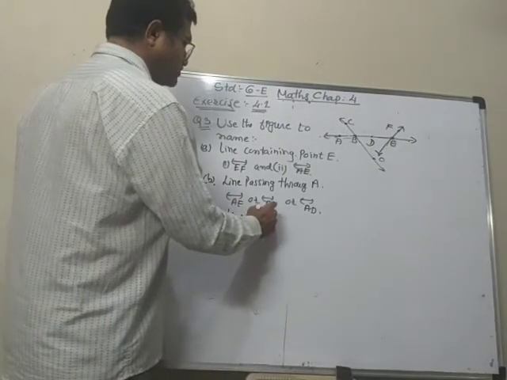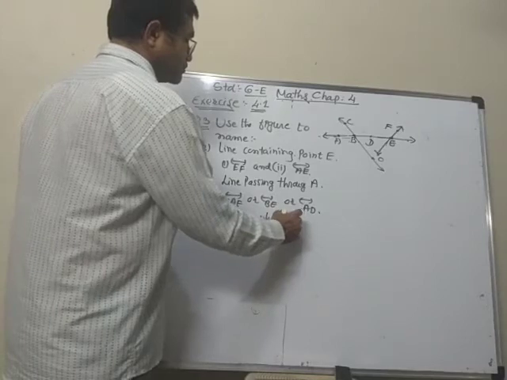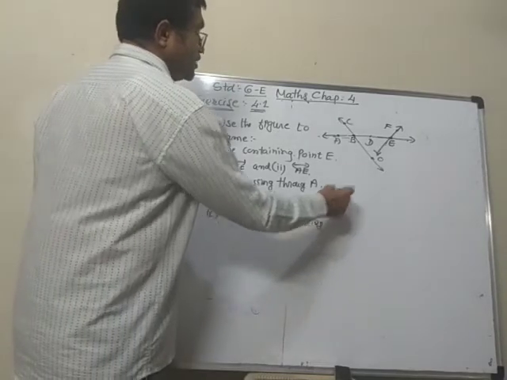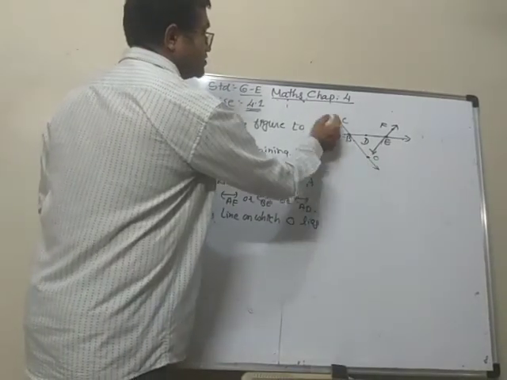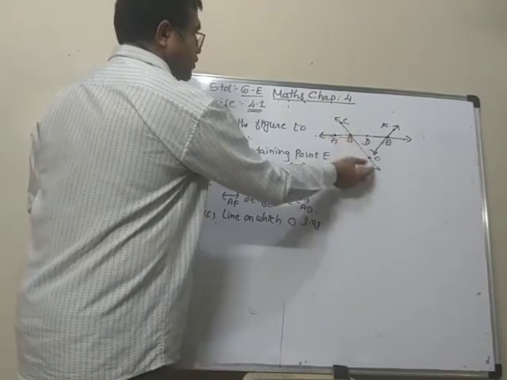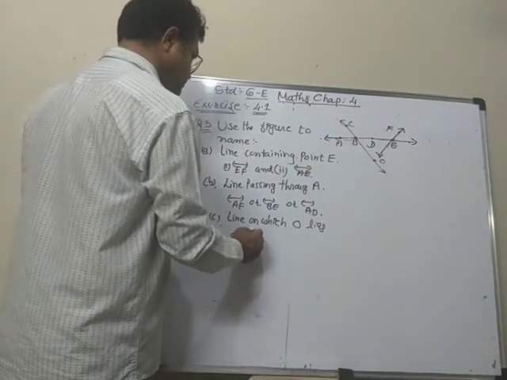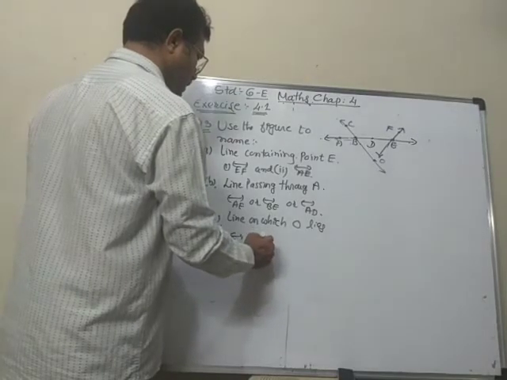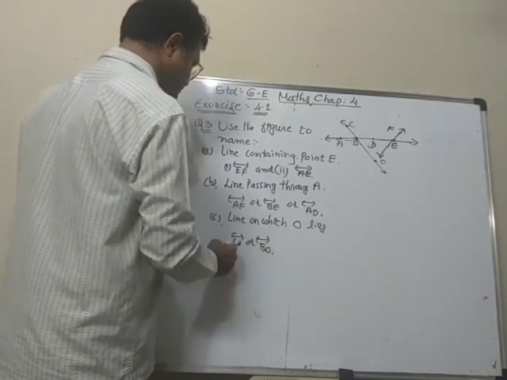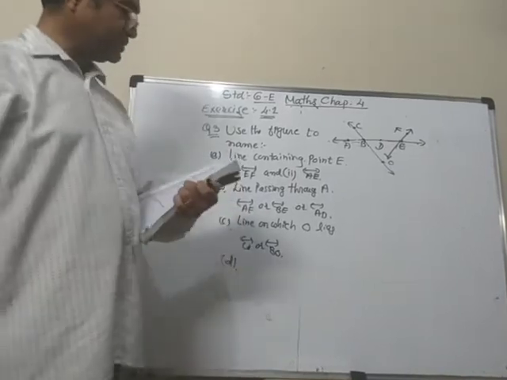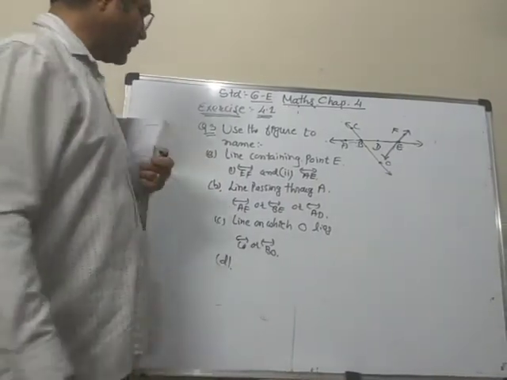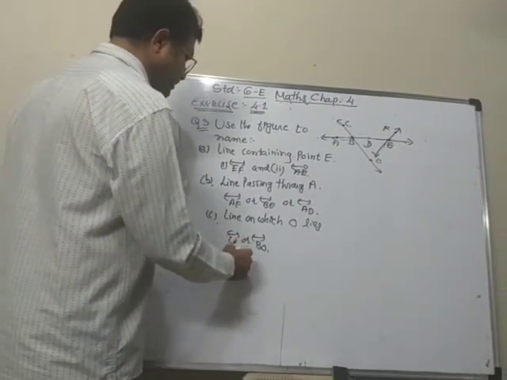Line on which O lies. You can see that O lies on line CO or line BO. So line CO or line BO. And the last, D, 2 pairs of intersecting lines.